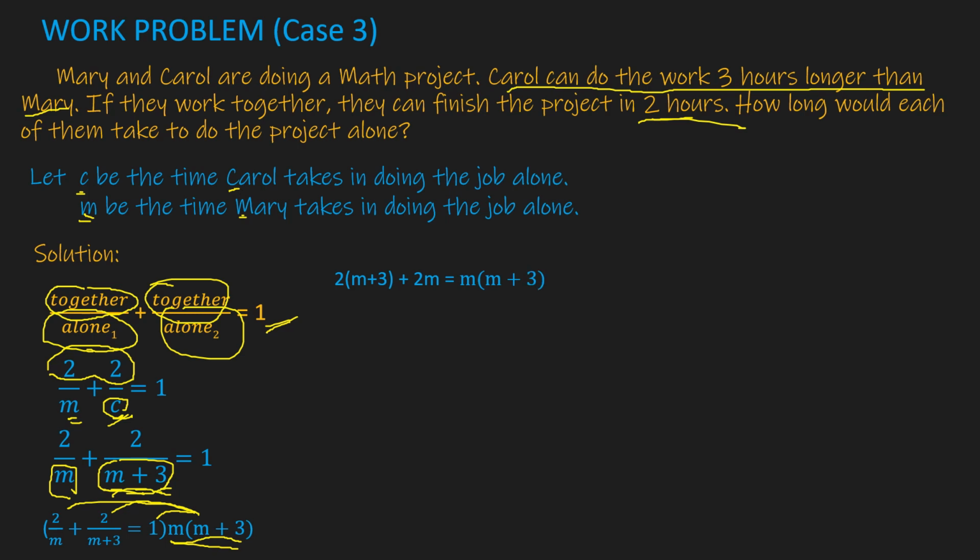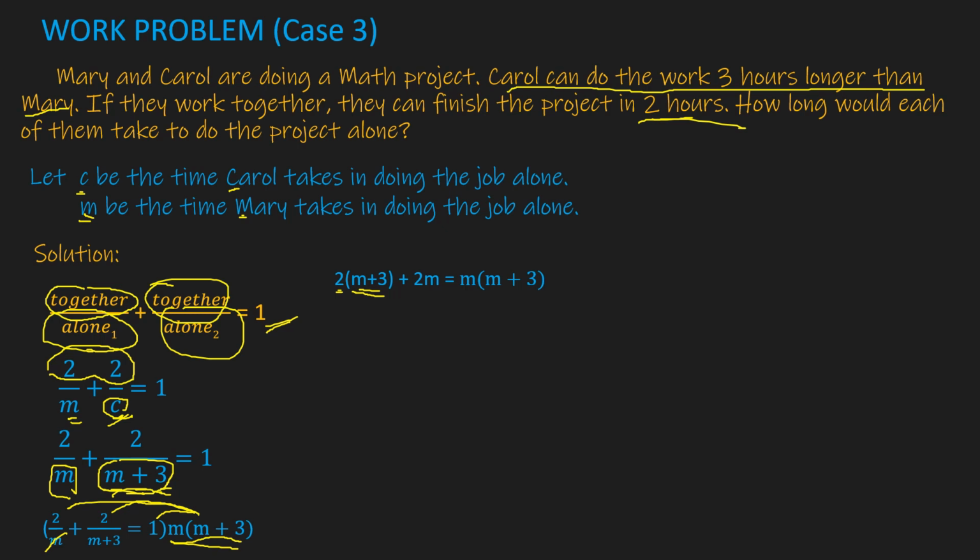When we multiply the LCD to the first term, 2 over M, then M will be eliminated, and the only multiplier now is M plus 3.